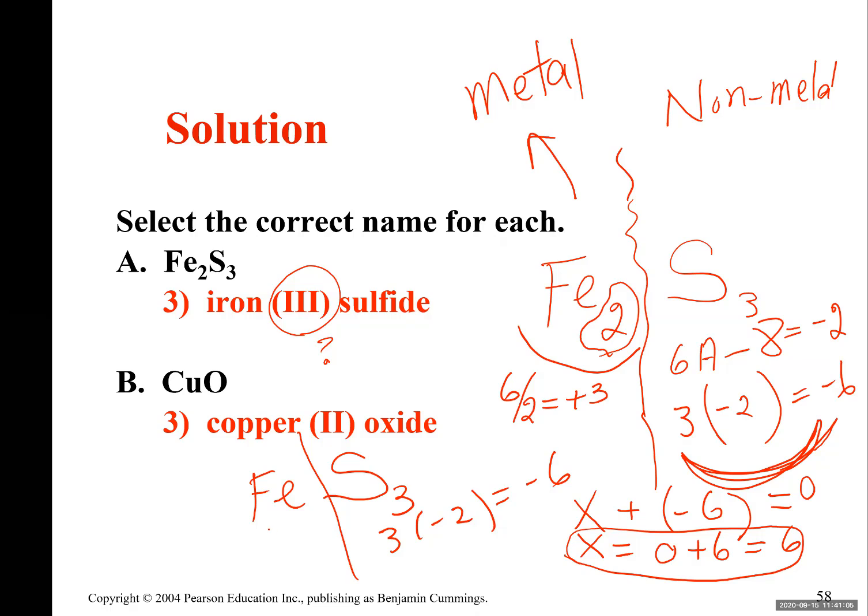So what is the charge of the other partner? Plus 6, right? This is not 6 because you have 2 of them. Total charge of 2 iron is 6. What is the charge of 1 iron? 3. Does it make sense? Yes. Perfect. So this doesn't exist actually, because iron would never have plus 6. Based on experiment, we know it's either 2 or 3.